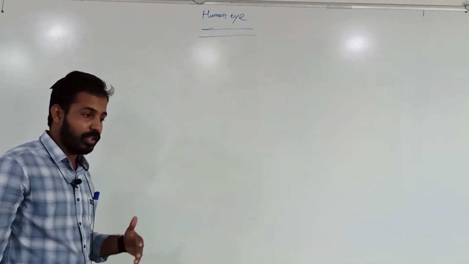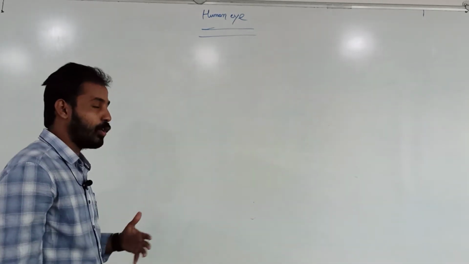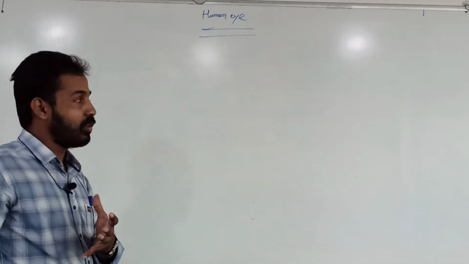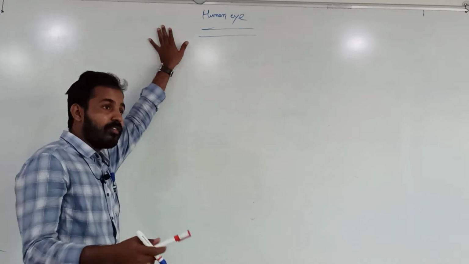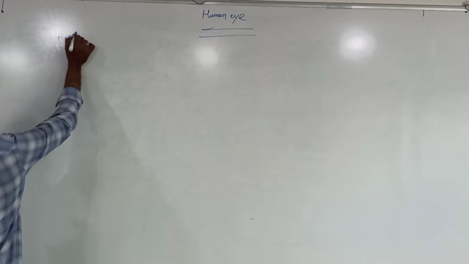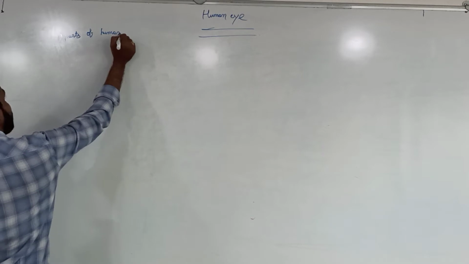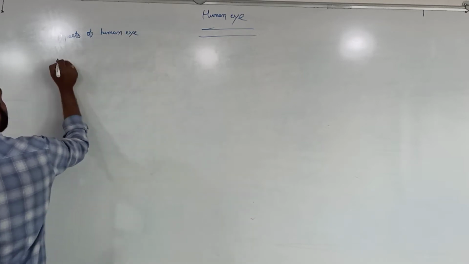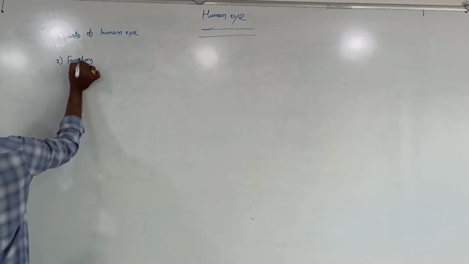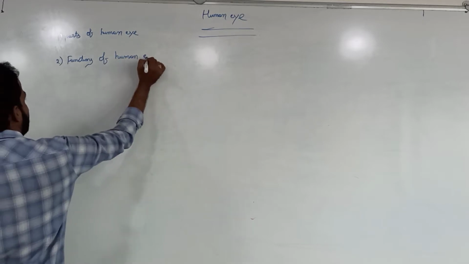First of all, in the human eye we will discuss the different parts of the human eye and their functioning. Then, what is the function of the eye? So the first thing we are going to discuss is the parts of the human eye. Second is the functions of the human eye.